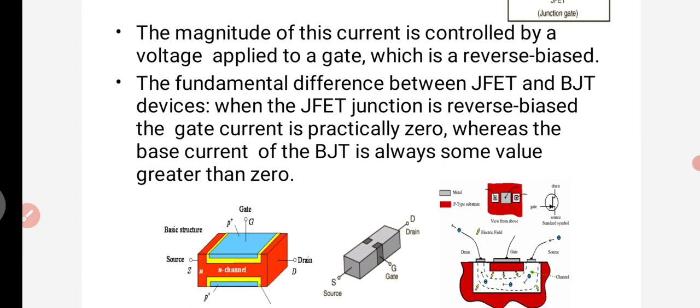When comparing n-type and p-type, the efficient one is the n-channel, because electrons have higher mobility. Due to the reverse bias of the gate, the gate current will be equal to 0. But in case of BJT, the base current will be greater than 0.